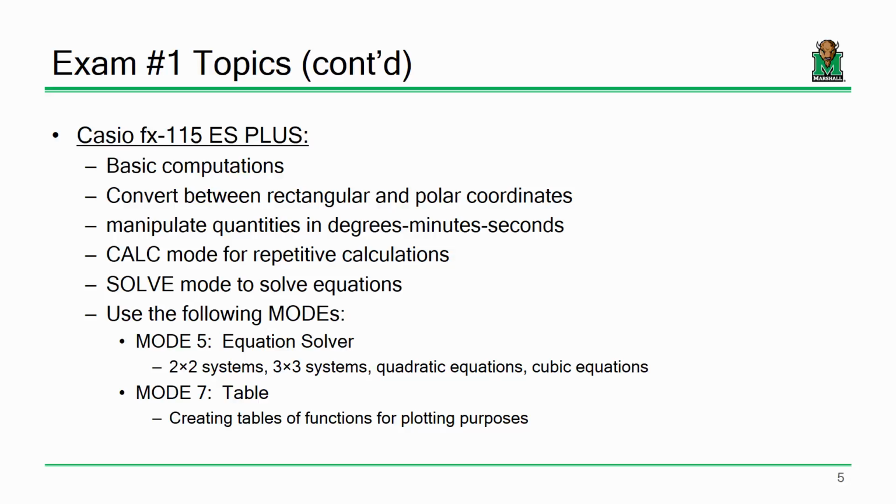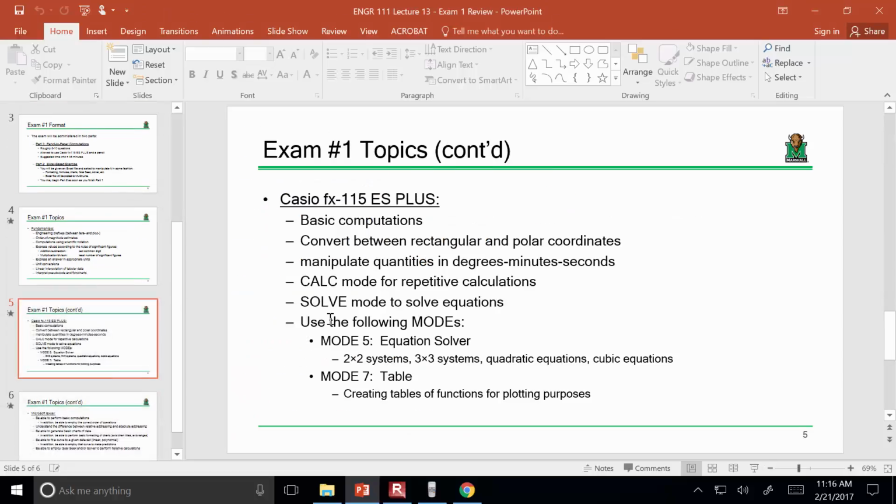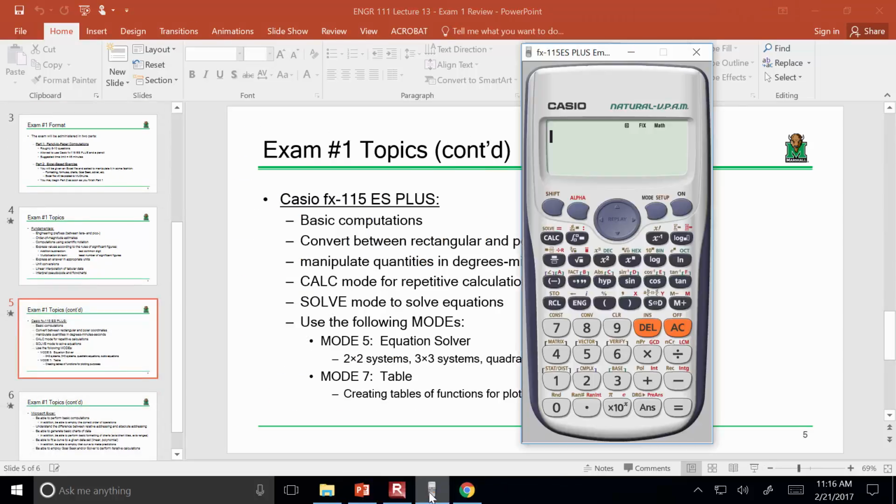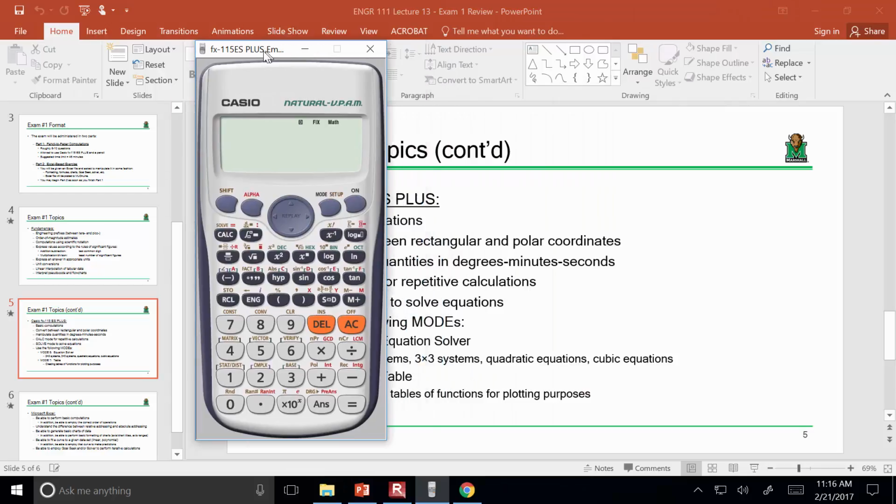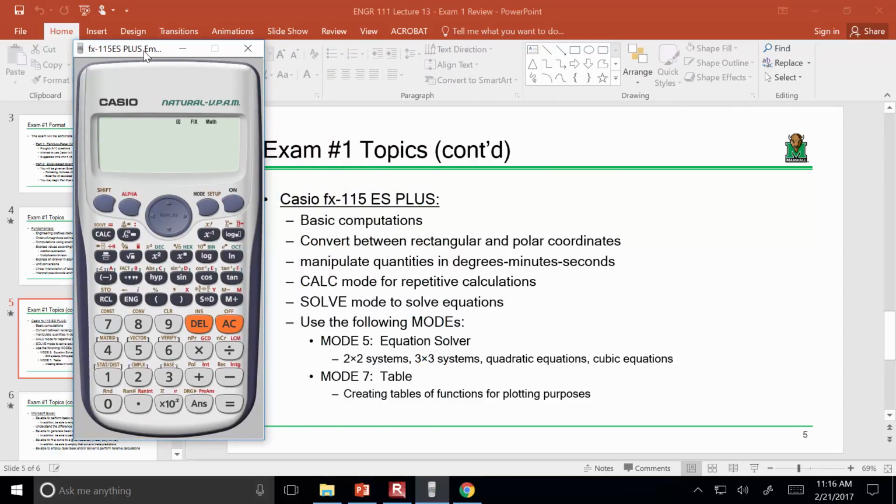Now the solve mode was a little bit more powerful, because in the solve mode you were actually entering an equation, both sides of an equation. Remember it's a little bit tricky to type in equations because of the need to use the alpha key. Let's pull up the emulator. As I was just looking at the emulator again, I reminded myself of one of the tricky things of using the calculator: you'll notice that there are 2 equal signs here.